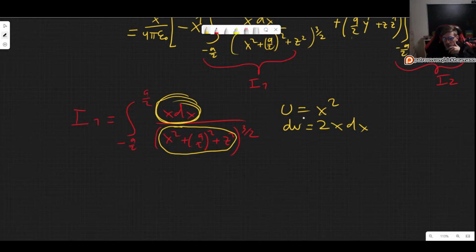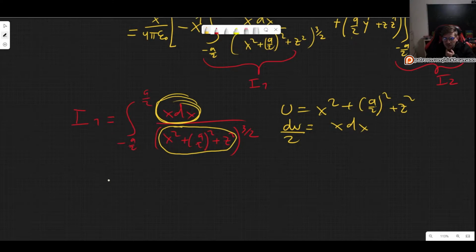But we can see that du divided by 2 is precisely x dx. So that is why we want to use a substitution that is x squared plus all these constants, right? Of course, z is a variable, but not with respect to x. It doesn't change as x changes. It is independent. So that is why if we take the derivative with respect to x, z doesn't change.